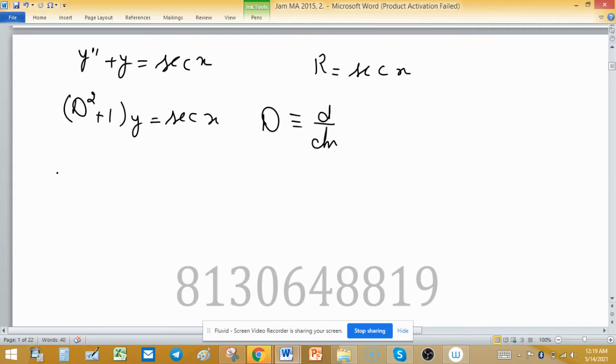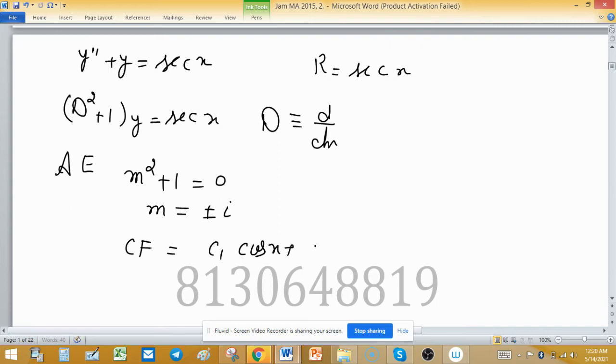The auxiliary equation is m square plus 1, and its roots are plus minus iota, purely imaginary. When roots are purely imaginary, the complementary function is c1 cos x plus c2 sin x.